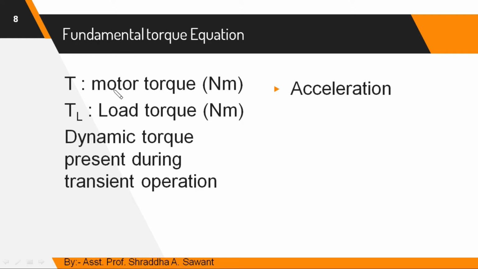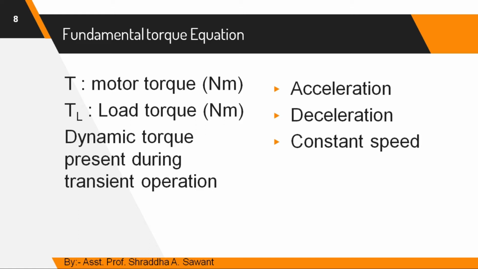If the motor generates a torque which is greater than the load torque, acceleration is possible. The system or drive will decelerate when the load torque is greater than the motor torque, means the load is now overloaded on the motor, then and only then there will be a deceleration, a decrease in speed.